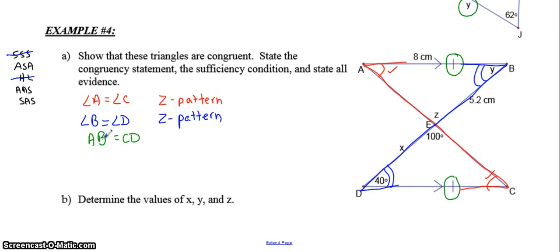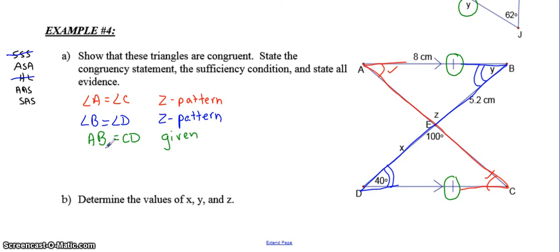Again, not because they're alphabetical, but because A corresponds to C and B corresponds to D. So if you write A first, you have to write C first. And if you write B second, you have to write D second. So if you wrote AB equals DC, that would not be the correct way of writing it. And because you've been given a tick to indicate that they're equal, you can just say we know this because given.